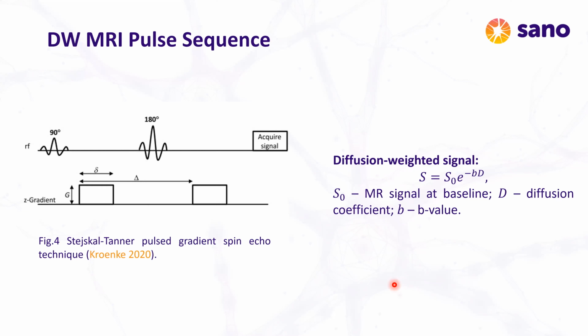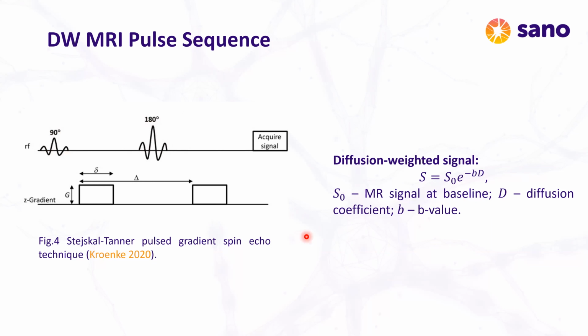Diffusion-weighted sequences, which are based on the pulse gradient spin echo technique, are used to obtain the diffusion-weighted signal. The PGSE acquisition works on a principle similar to the standard spin echo technique, using two successive radio frequency pulses, 90 degrees and 180 degrees.